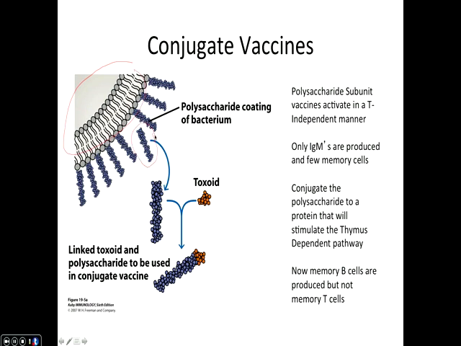And if you take the coat protein, these are good targets for creating these subunit vaccines, because these coat proteins are obviously some of the things that are going to be most prominently displayed to your immune system.